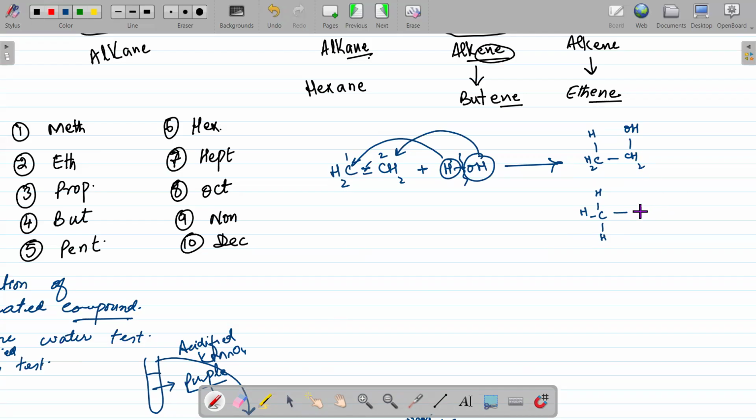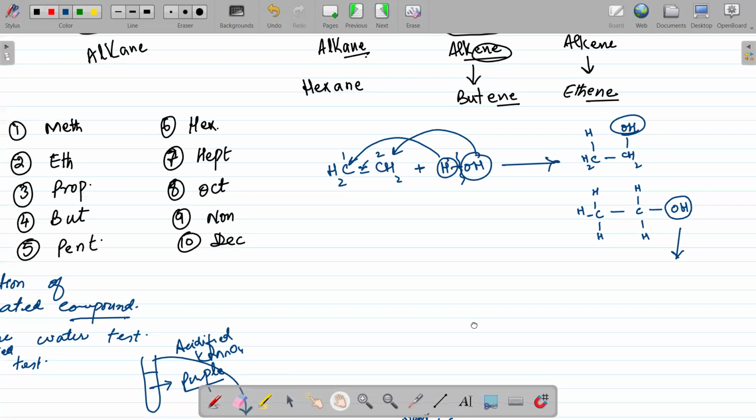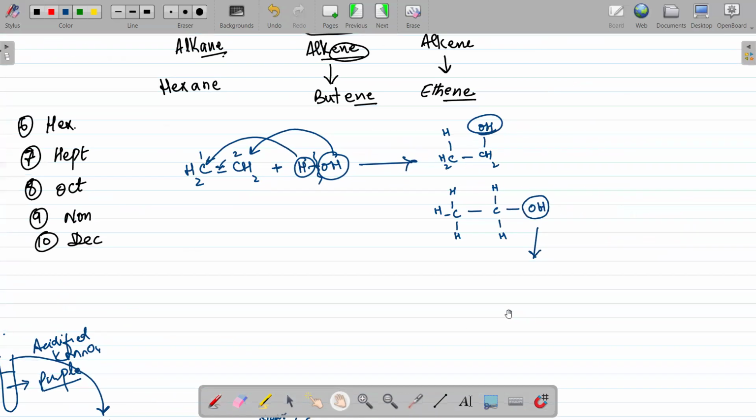And this carbon has two hydrogen atoms, you can see, and the OH group. Is it clear? Yeah, now it's clear. So this OH group is also a functional group of another class of compounds.